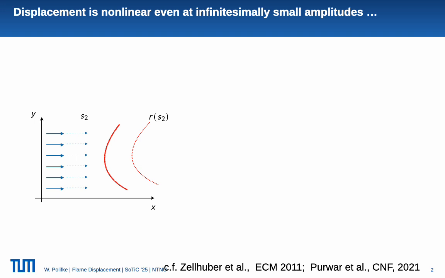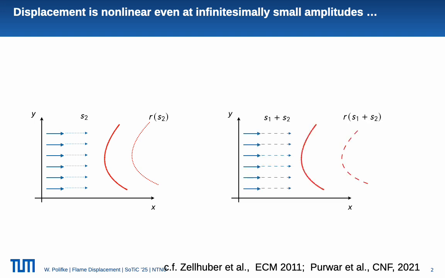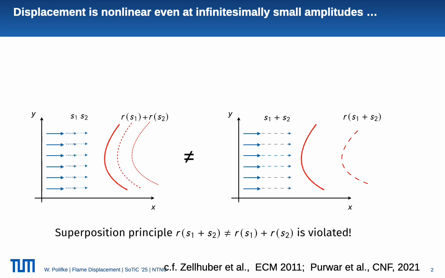The trouble is now if I add those two perturbations, those two signals, then the response to the sum of the signals, as you can see on this slide, is not equal to the sum of the responses to the individual signals. So the superposition principle is violated.